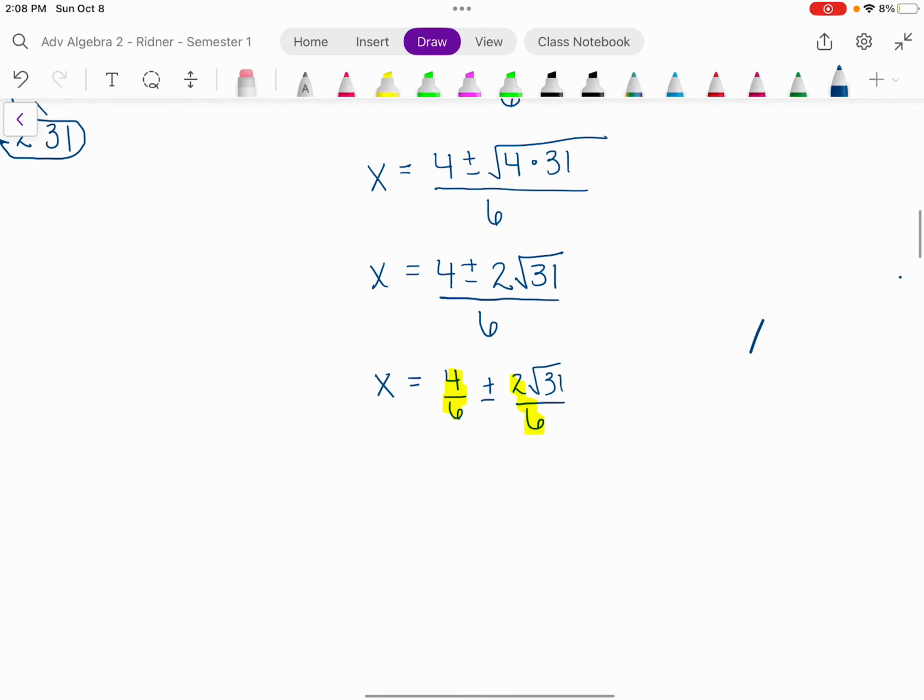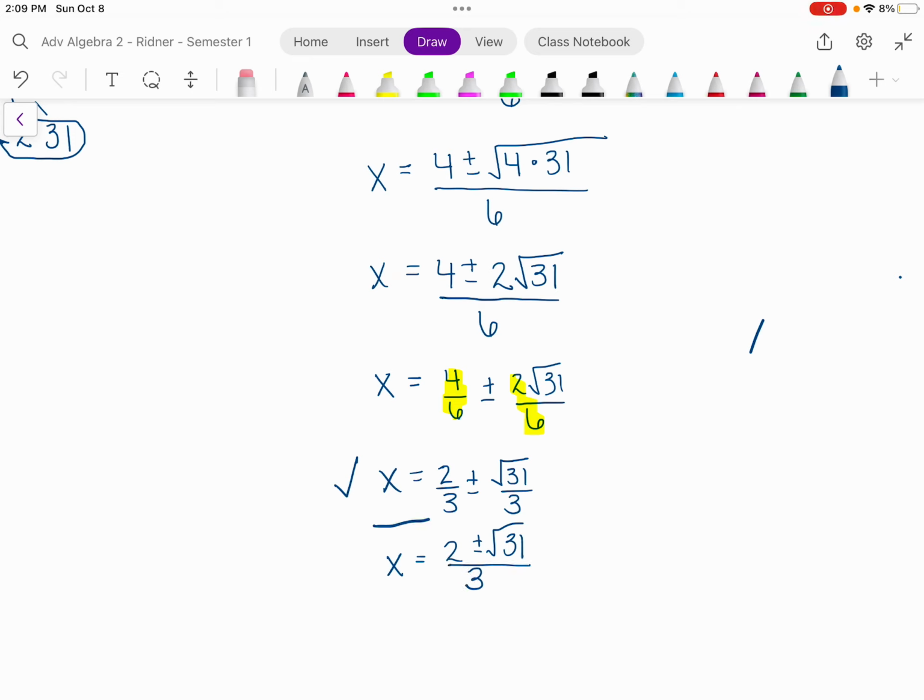So last but not least, I get x equals 2/3 plus or minus square root of 31 over 3 as well, because 2/6 reduces to 1/3. So this is a valid answer, but it is most commonly written as 2 plus or minus square root of 31 all over 3.